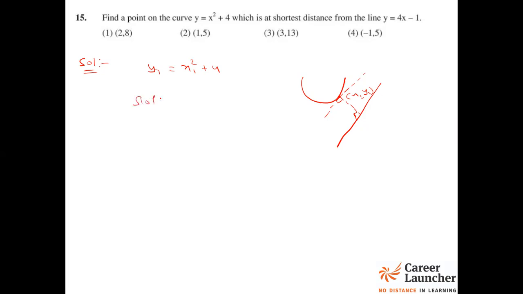The slope will become dy by dx at this point, which is 2 times x1, and it should be equal to 4. So we get x1 is equal to 2. And substituting x1 is equal to 2, we get y1 is equal to 8. Therefore the point is 2, 8. Simple question.